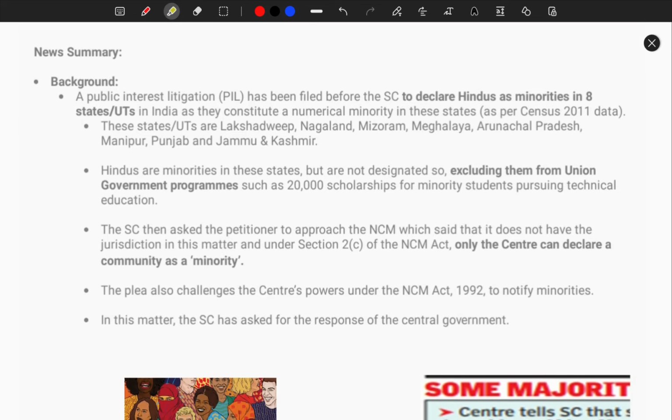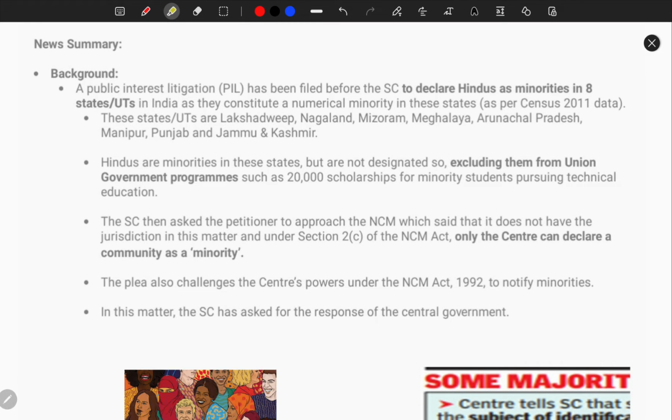Next, the summary: it is in the news recently because a public interest litigation has been filed in the Supreme Court to declare Hindus as a minority in 8 states. We know that Hindus are not declared a minority nationwide, but if you consider state-wise data from 2011, in a few states and union territories Hindus have the lowest population.